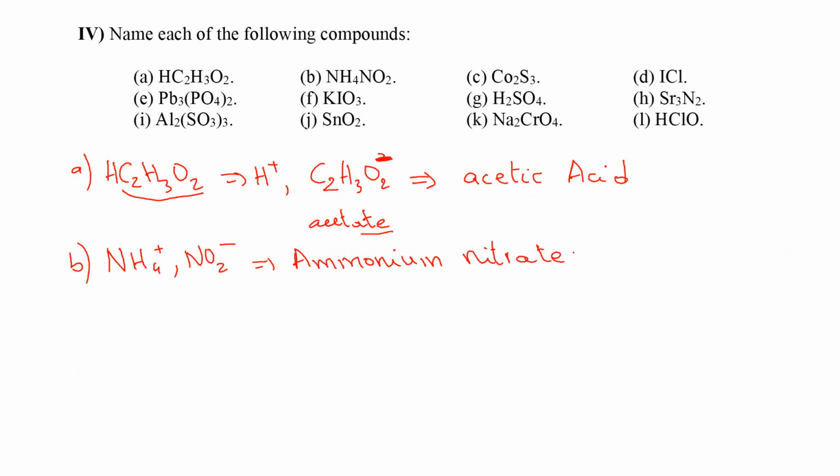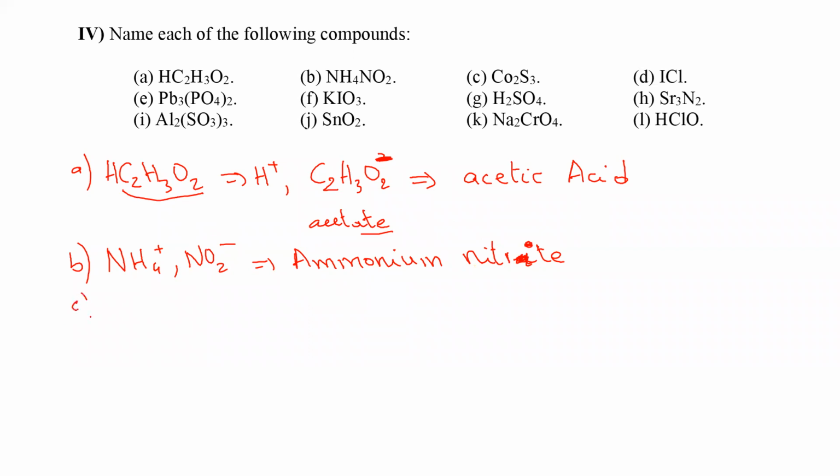For an ionic compound like this one, you just need to know the name of the cation and the name of the anion. Here we have the ammonium ion and nitrite, not nitrate, nitrite. We put the name of the cation, then the name of the anion, and we remove "ion" in between. So it becomes ammonium nitrite.